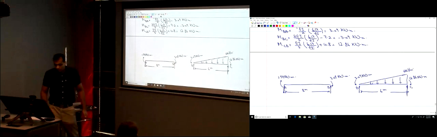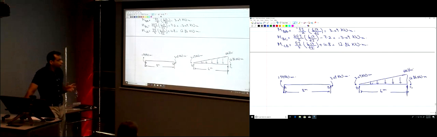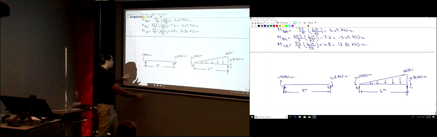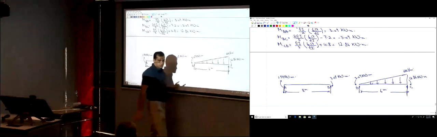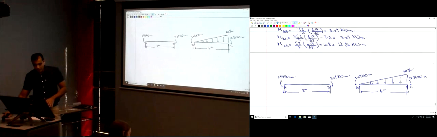So right now, if I just need to draw the bending moment diagram, I can do so, right? I can draw the bending moment diagram without finding the magnitude of those vertical forces. Let's draw the bending moment diagram.